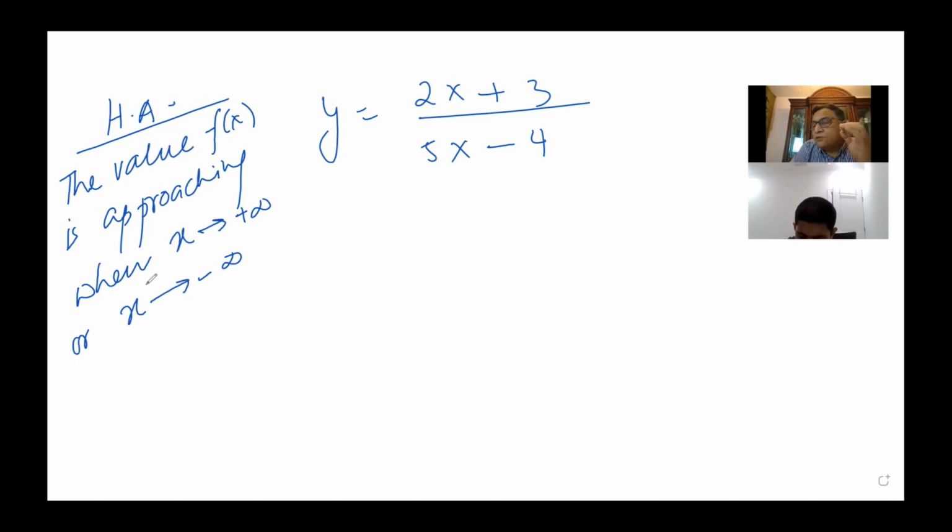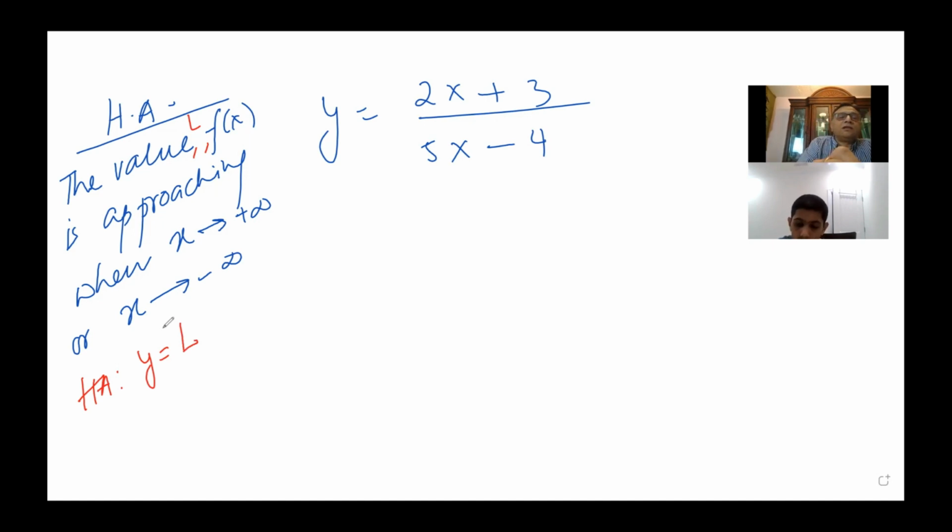If the value is real, normally we'll write L. So if the value is L, which the function is approaching when x approaches infinity, then we say that the horizontal asymptote will be y equals L. Is that clear to you?